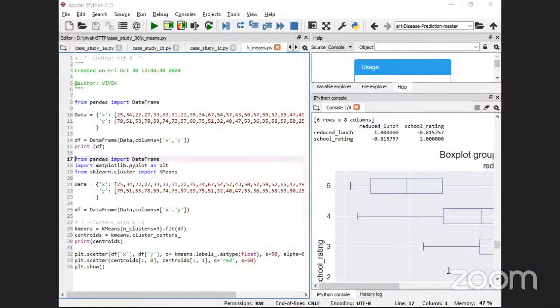I have taken directly the data values and I did it. I'll be showing you how you can apply k-means for this. I hope you could get my screen.